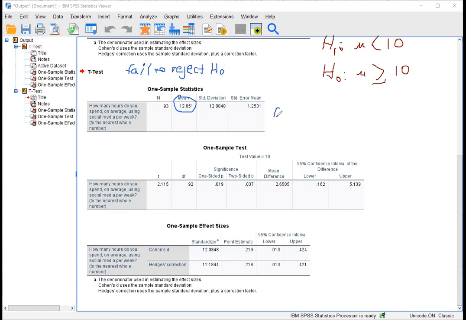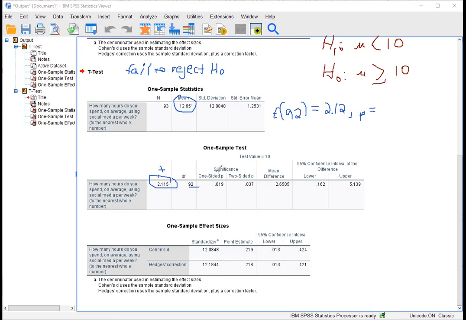And then again, we do t, parentheses, degrees of freedom, which is 92 in this case, equals 2.12, p equals. That's our t value there.